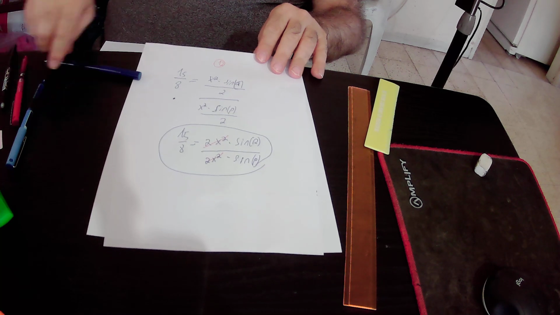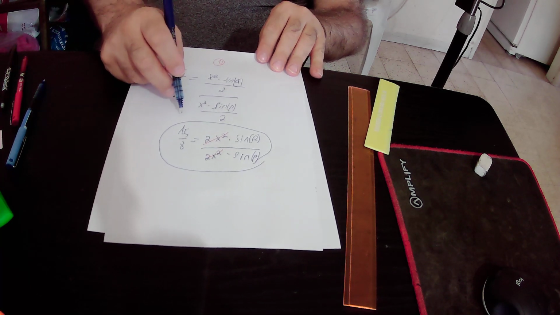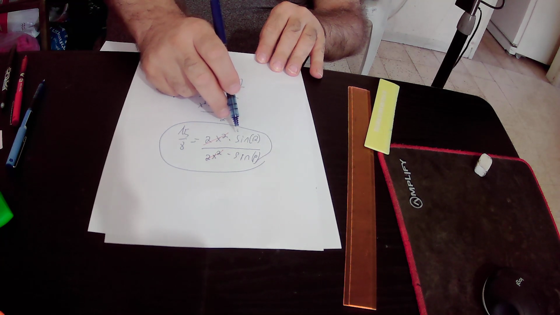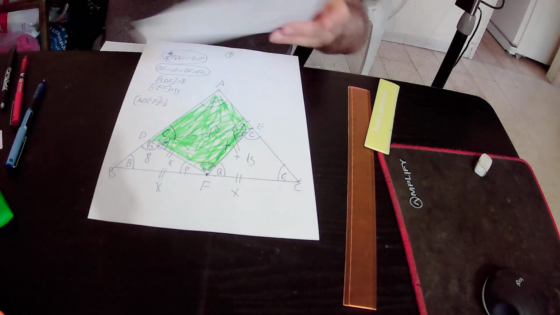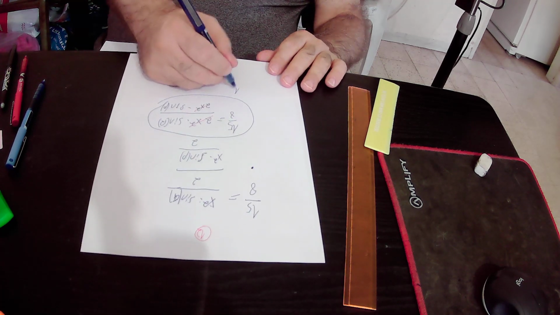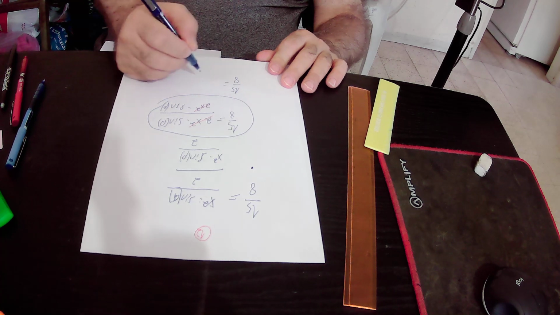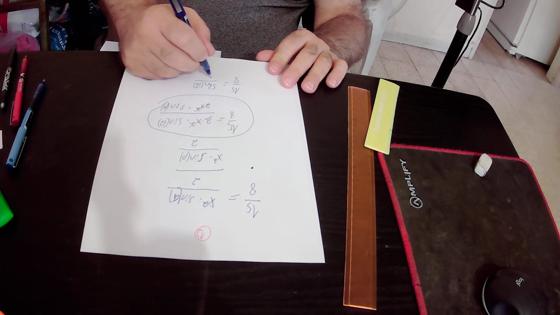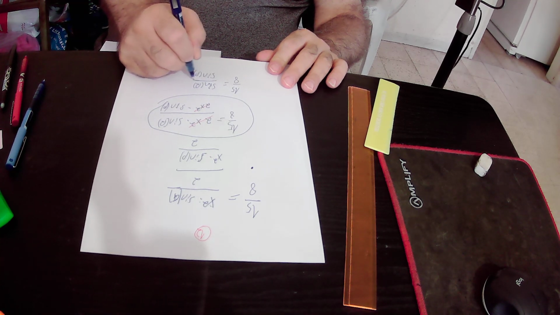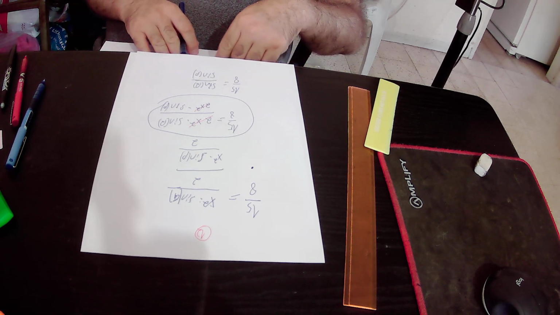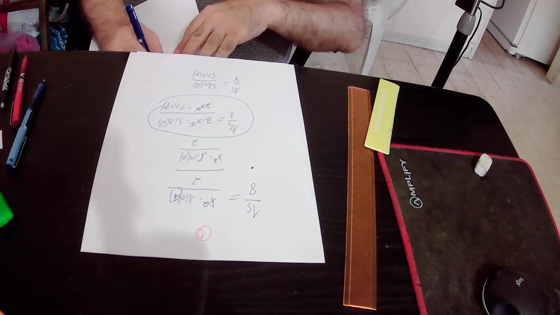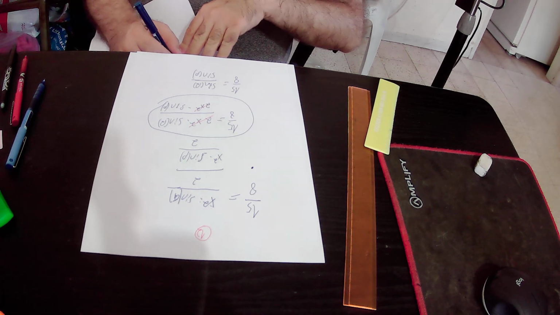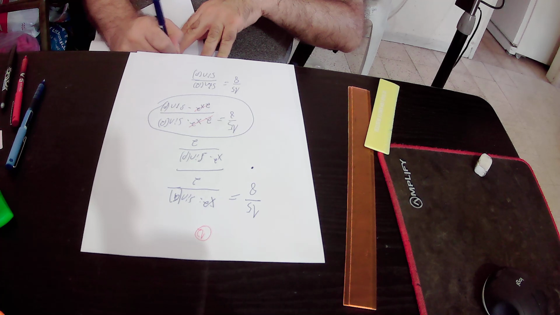So in total, what is left is 15 over 8 equals sine Q over sine P. Again, I write it here, the equality that we have is sine Q over sine P equals 15 over 8.